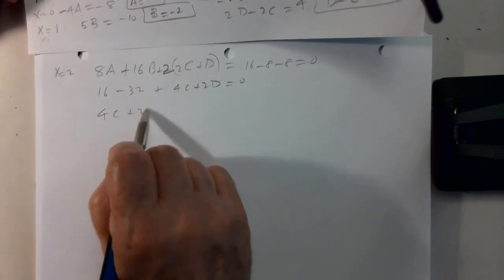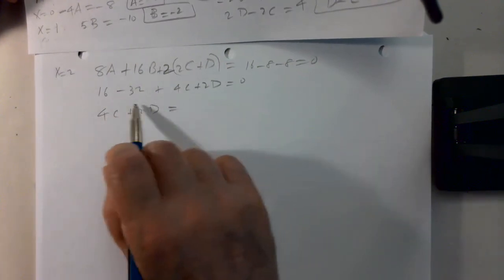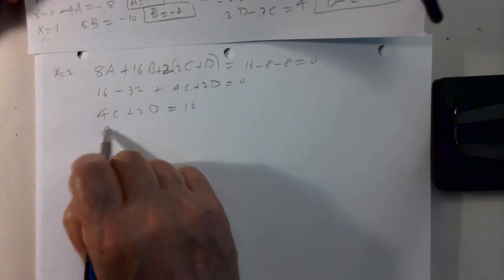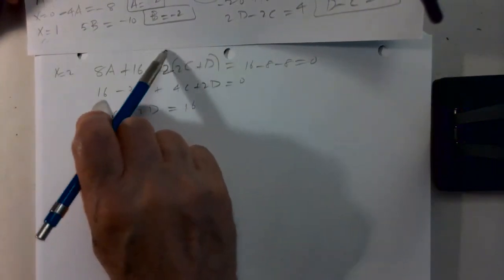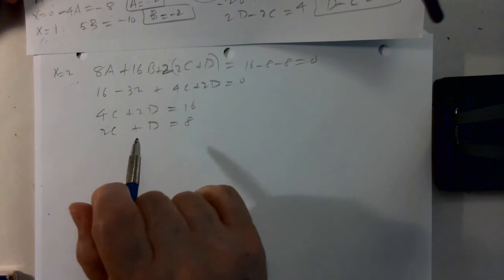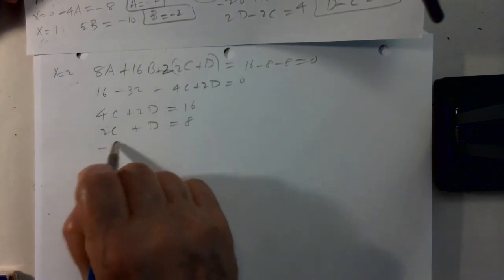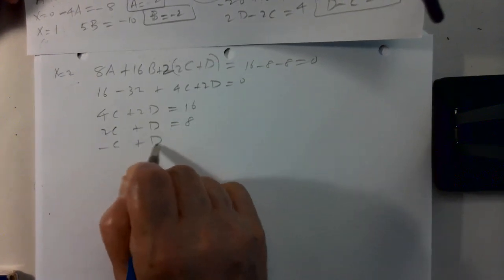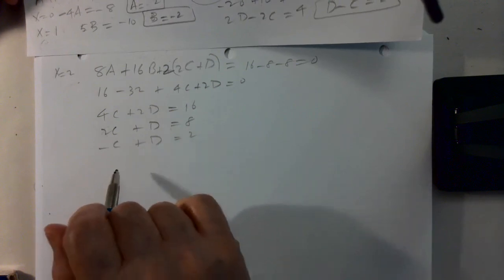So 4c plus 2d equals 16, or if I divide by 2, 2c plus d equals 8. And my other equation was minus c plus d equals 2.